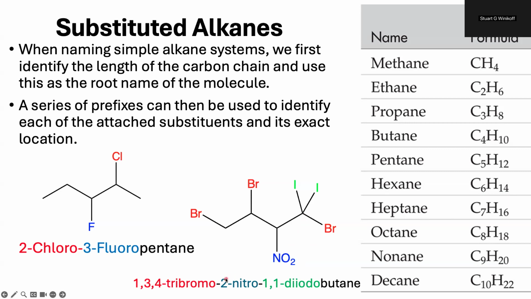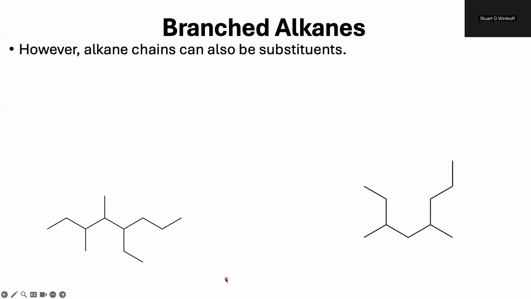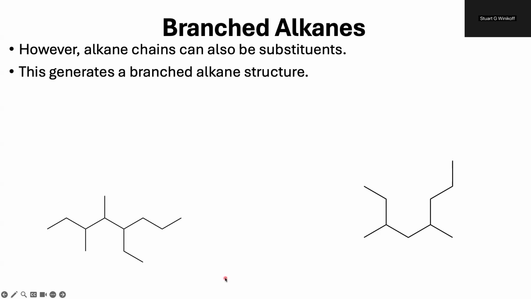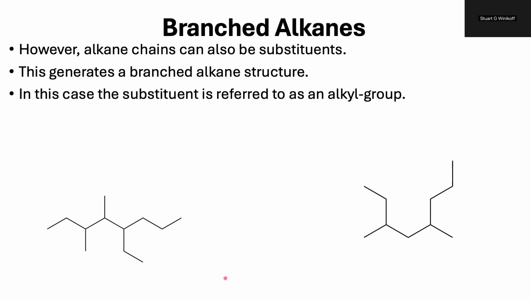However, we often run into a more complex system, which is branching alkanes, where this time it's a little bit harder to identify what our core carbon chain is and what carbons are part of the substituents. So we need to first figure out how to handle this branching structure. In this case, we have a main alkane structure, but we also have what are known as alkyl groups.